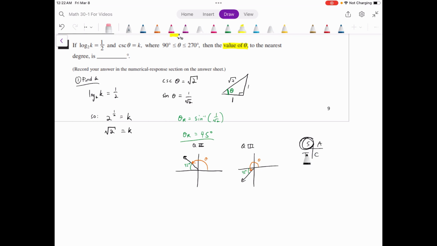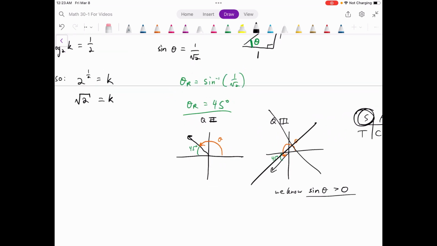Quadrant 3 can't be the option because sine would be negative there. We know sine theta is greater than 0, so it can't be in quadrant 3. So that means our theta is the quadrant 2 option here.